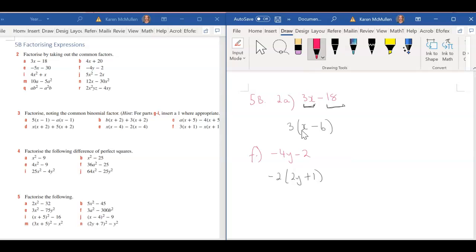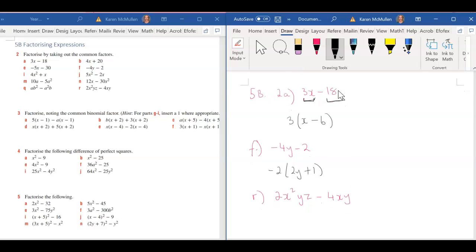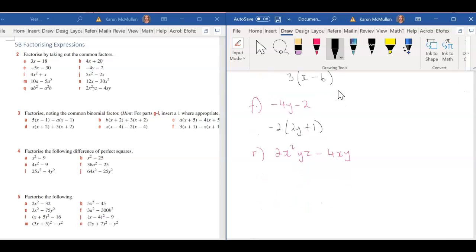Awesome. All right, let's do R. So 2x squared yz minus 4xy. For this one, we've got quite a few things going on. Let's have a look at our coefficients first. We've got 2 and negative 4. One's negative, one's positive, so I'm just going to take out positive 2.